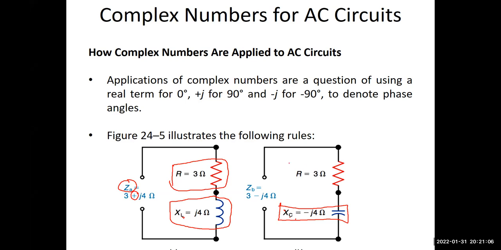Pero kapag capacitive reactance yung kasama natin, ang sign niya is negative. So XL and XC are measured in ohms, and also our resistances are measured in ohms. So therefore, our impedance Z is also measured in ohms.